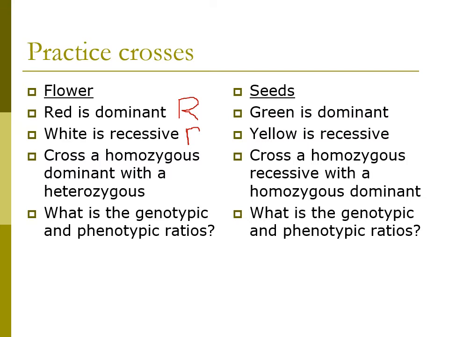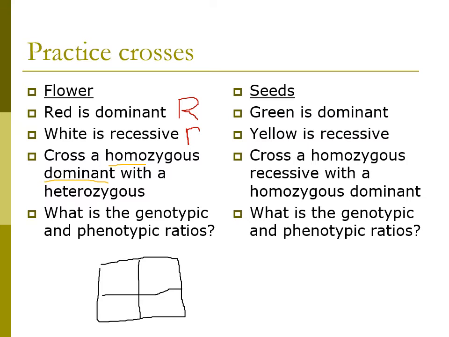And then we have to look at who we are crossing. It says cross a homozygous, which means the same, dominant. So I'm going to make my Punnett square down here. Hopefully this doesn't come out too hideous. There we go. All right, so we're crossing a homozygous dominant.